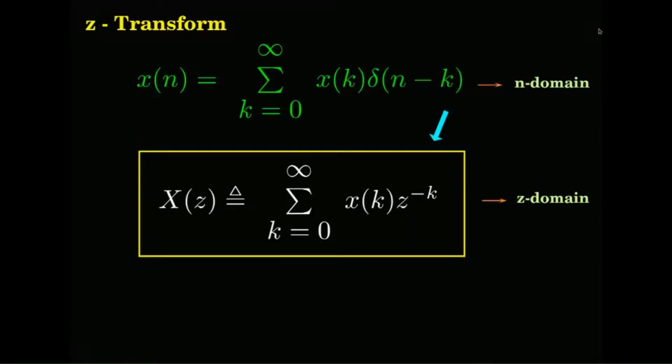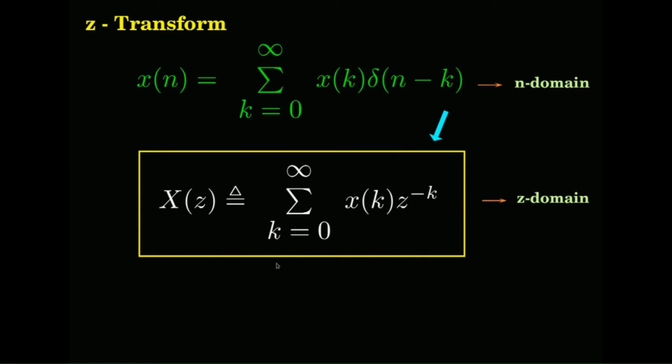So, recall that in the last class we had just defined what a Z transform signal is. X uppercase Z is defined as the summation of all the sampled values of the continuous time signal x_k into z to the power of minus k, k is 0 to infinity.